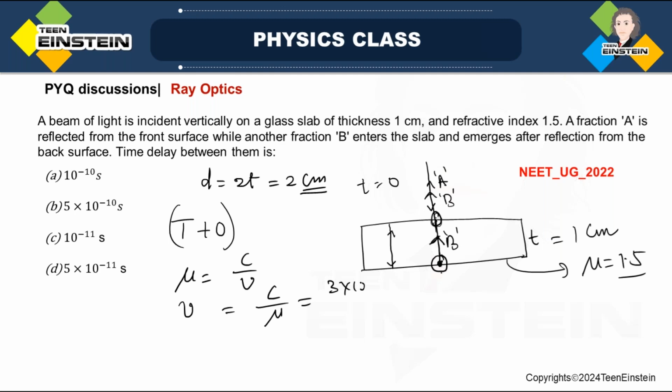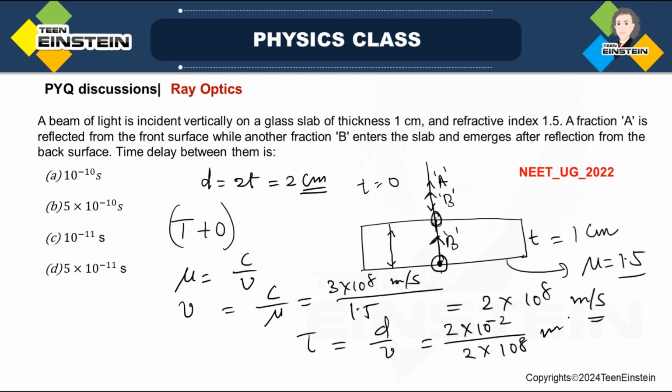So this is c. c is 3 into 10 to the power 8 meter per second, and mu is 1.5. So you will get the speed of the light inside the medium as 2 into 10 to the power 8 meter per second.